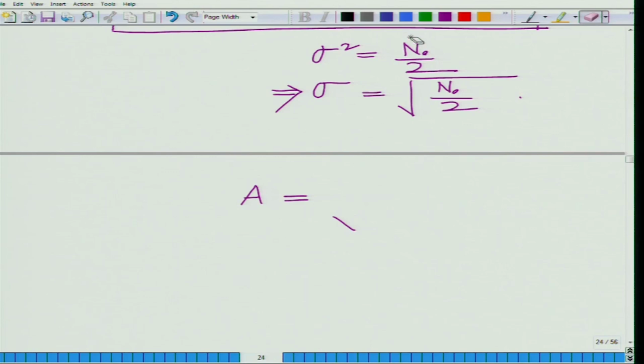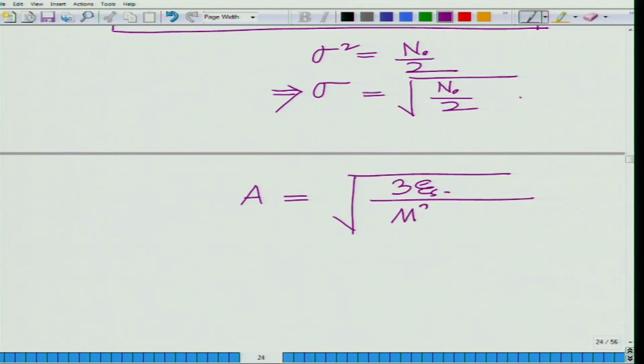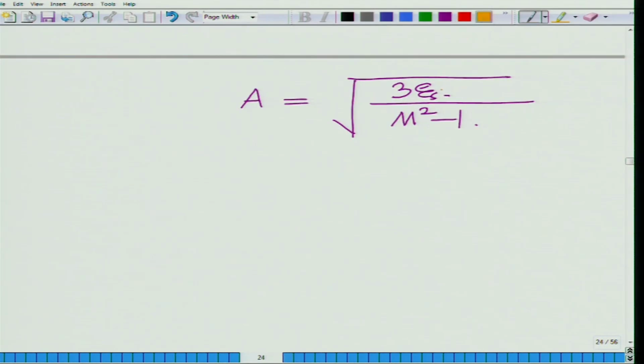In fact, that was one of the first things that we derived. A is equal to square root of 3 Es divided by M square minus 1, where Es is the average symbol energy.